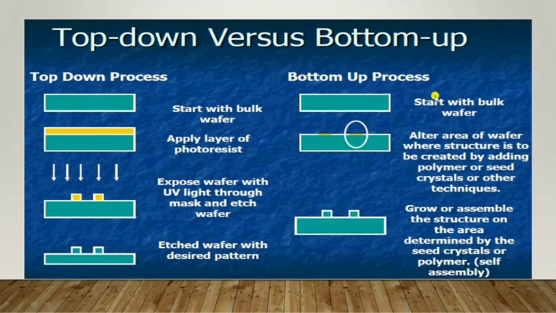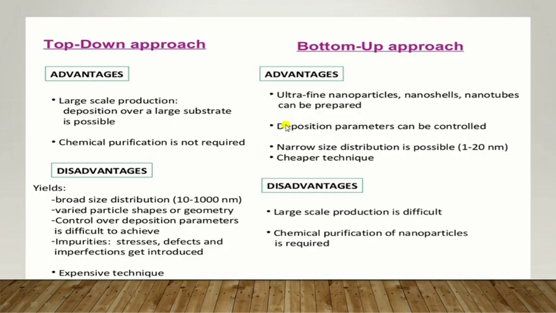In the bottom-up approach, we start with a bulk wafer and we highlight or alter the area using polymer or seed crystal or other techniques, and then we grow the nanoparticles on that highlighted area.